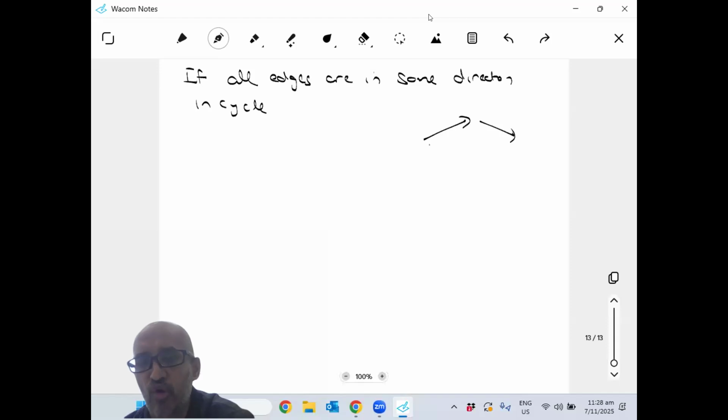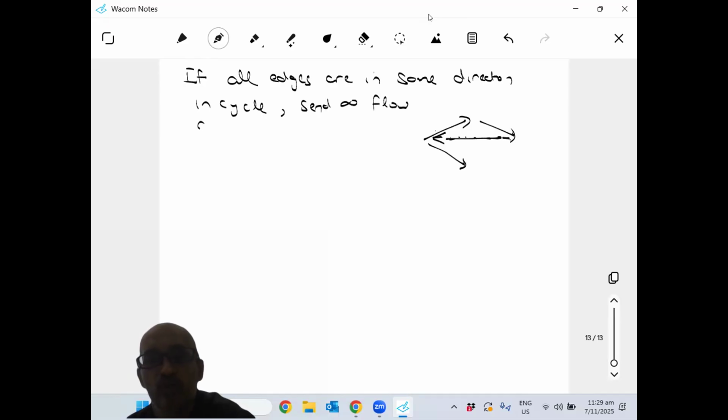This is my tree. And let's say I've got an edge which shows up in this direction. I bring this into my basis. I form a cycle. This is a directed cycle. So everything is moving in the same direction. If all edges are in the same direction, essentially you send infinite flow along this cycle, and you have an unbounded optimal.